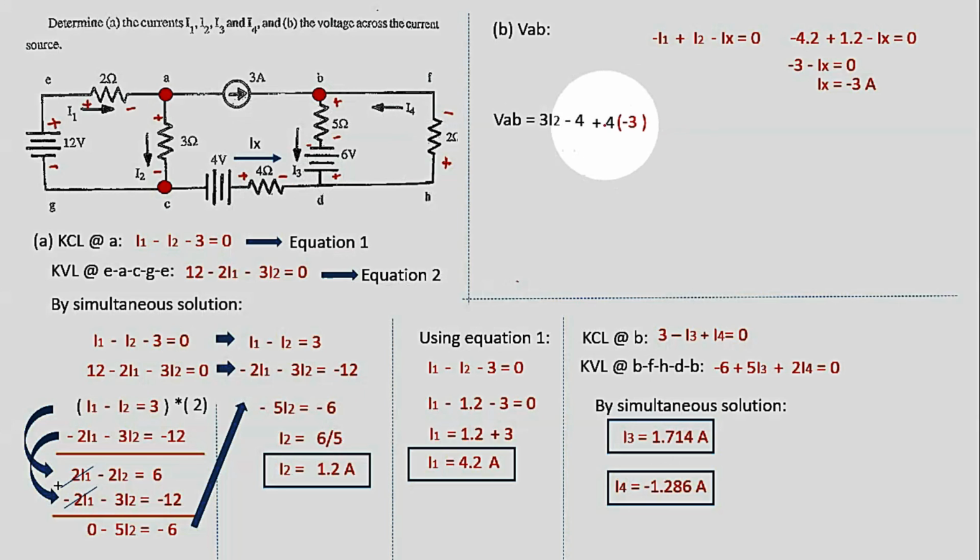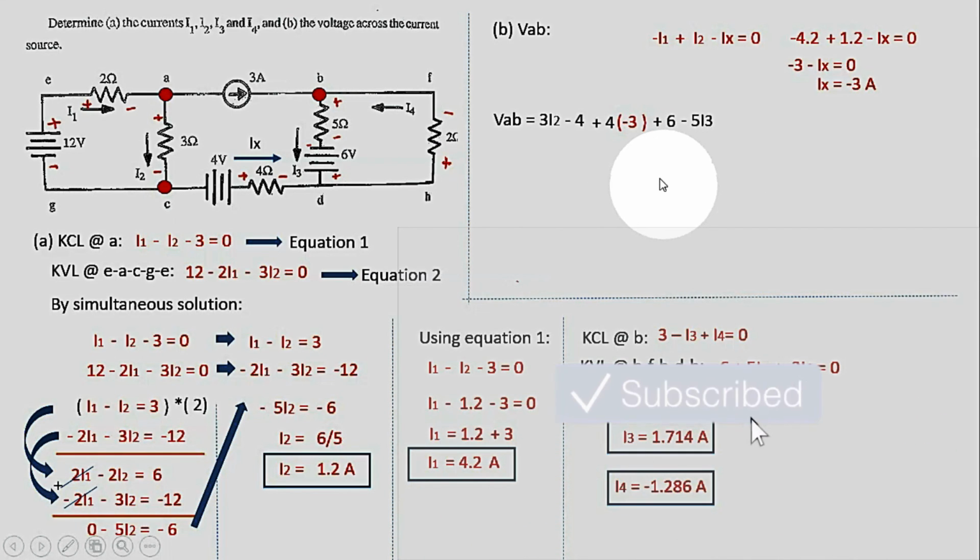So current and the resistor is voltage, so that will be 4 times negative 3. And this one, this is 6 volts voltage drop, negative 6, and place it on the other side, positive. So also this one, 5I3. So this is voltage rise, place it here on the right side, it will become negative, so negative 5I sub 3.